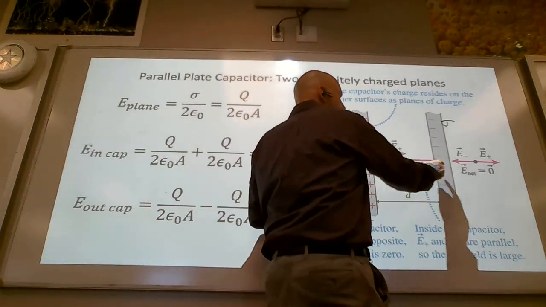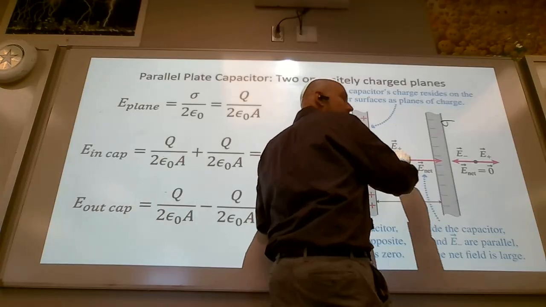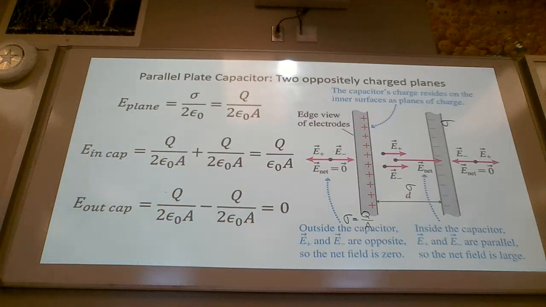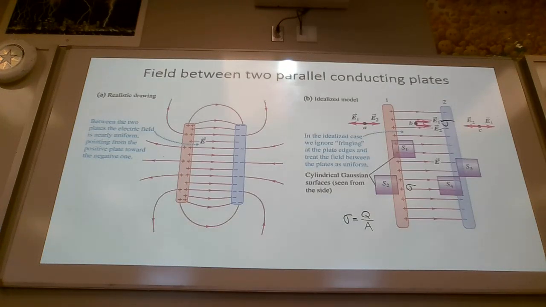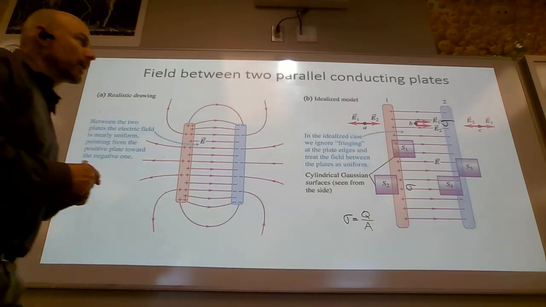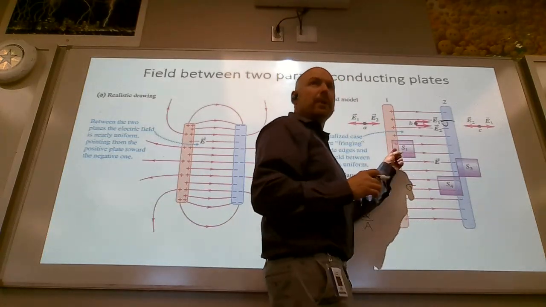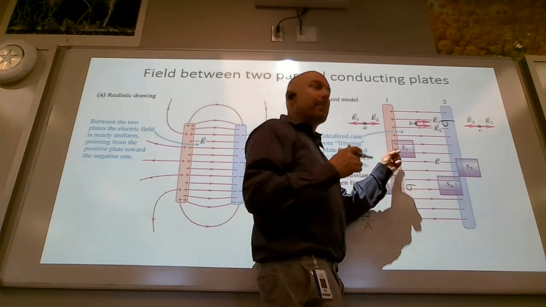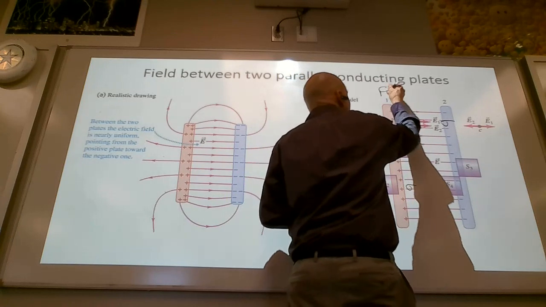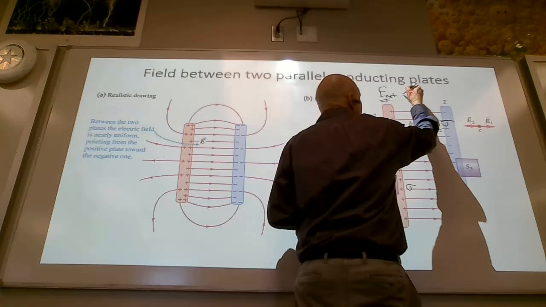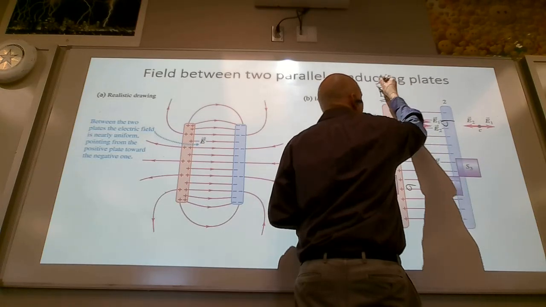This contributed one, this contributed one, and we added those together. Here's a really important subtle detail. When we do the Gaussian surface, the electric field that we are describing is not the electric field of just one plate, but the net electric field. That is super crazy important to recognize.